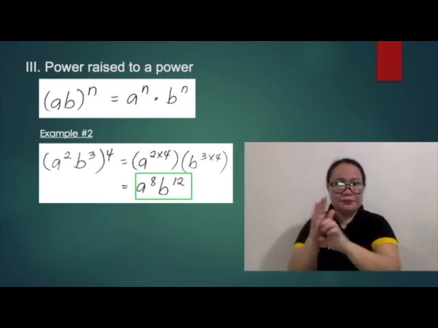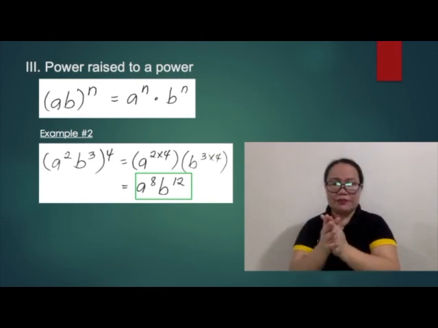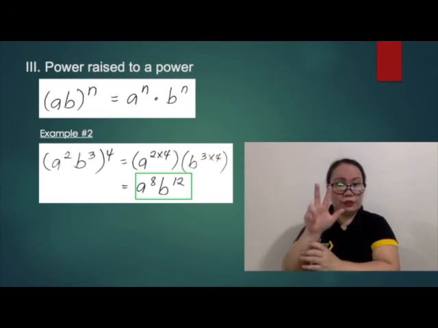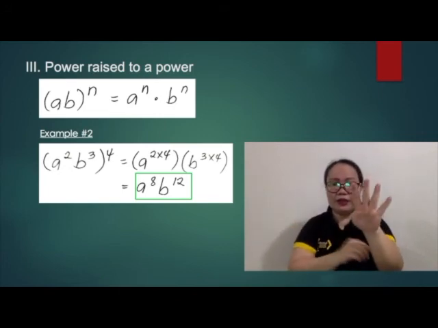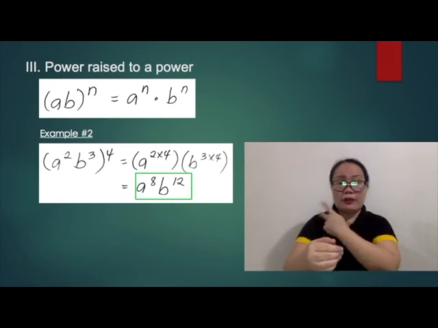Next example, power raised to a power. Okay, a squared b cubed raised to the power of 4. So simply multiply all the powers.